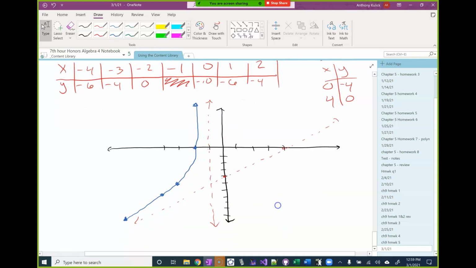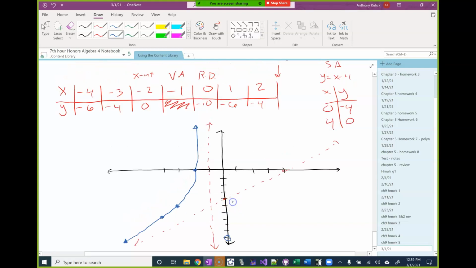And then let's do the other one. So 0, -10. Remember this one, though. Open circle. If I don't see that, I'm marking it down. And then 1, -6. So that's like there-ish. And then 2, -4, which is like there.